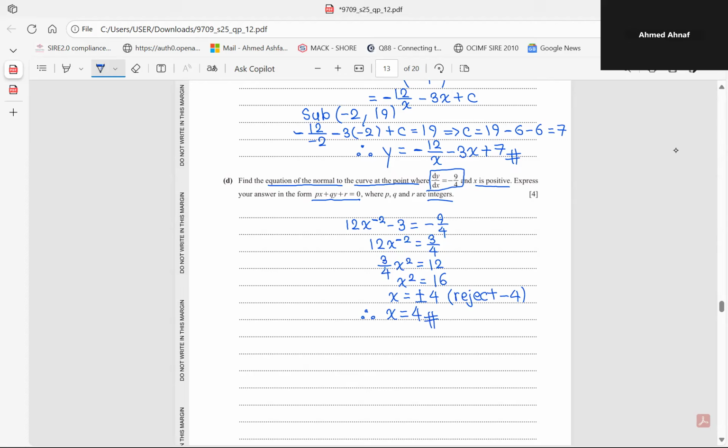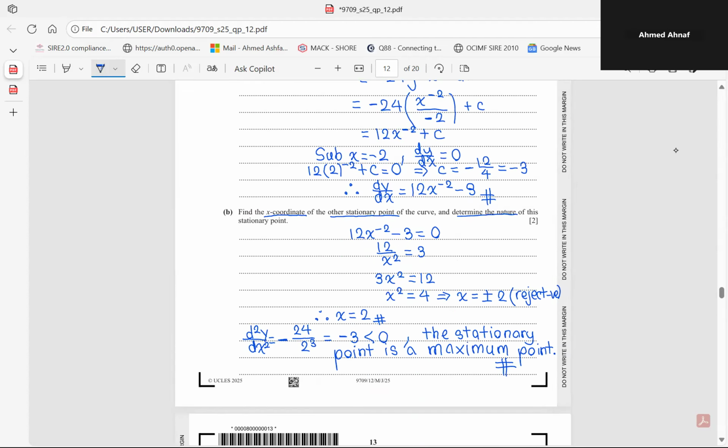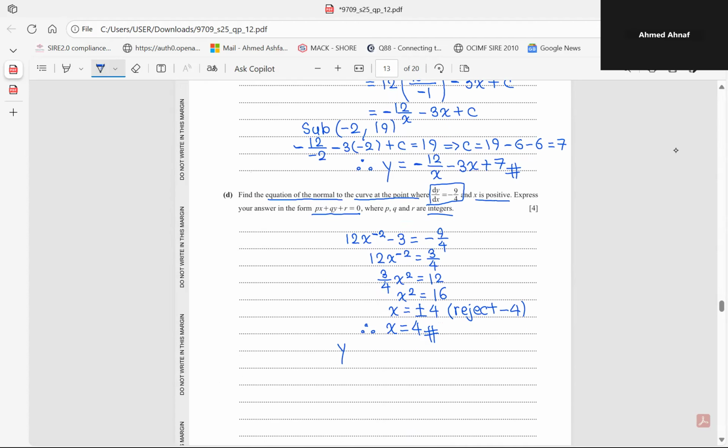Okay, now we're going to find the y-coordinate of the point at x equals 4. We know the equation of y is equal to minus 12 over x, minus 3 times 4 plus 7.